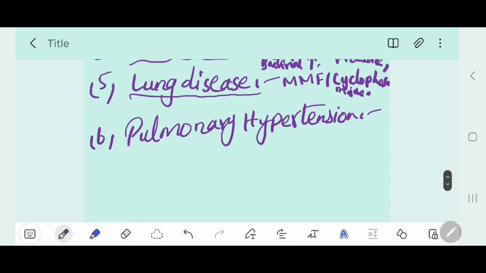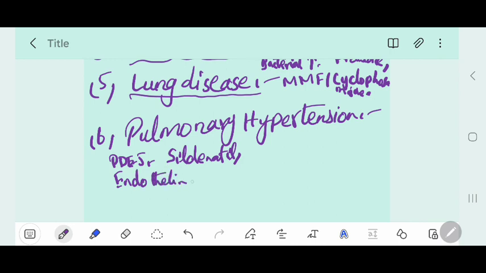And if pulmonary hypertension develops, then we can give phosphodiesterase PDE5 inhibitors like sildenafil. We can also give endothelin antagonists.